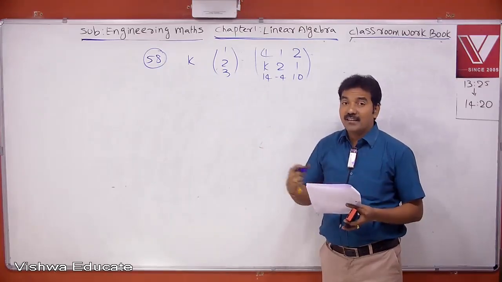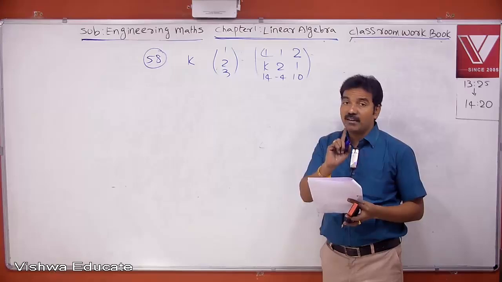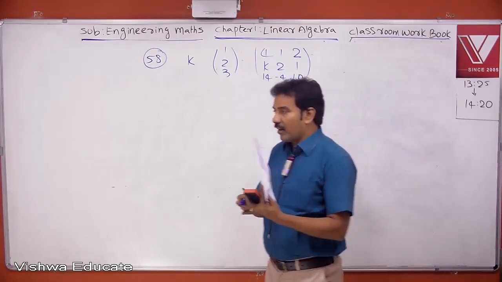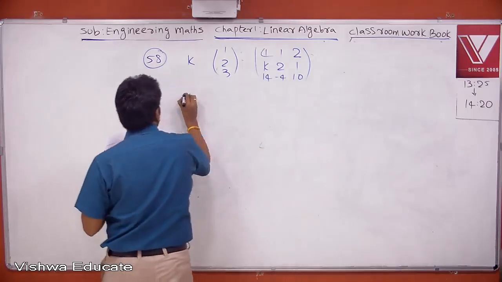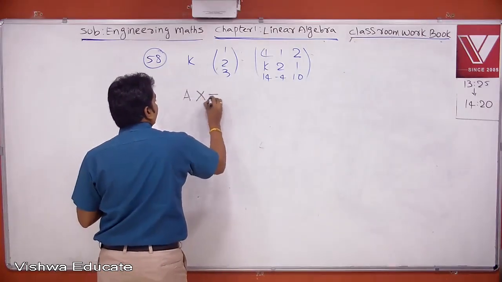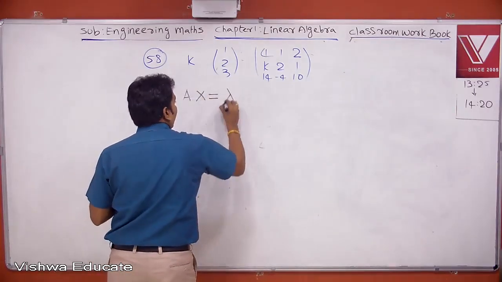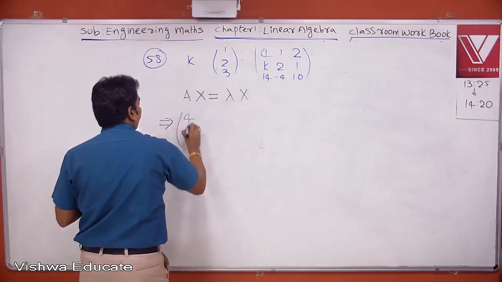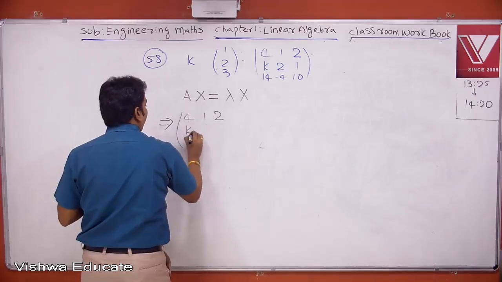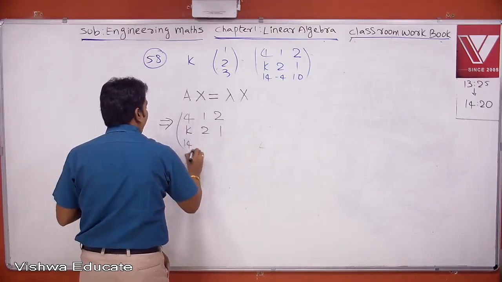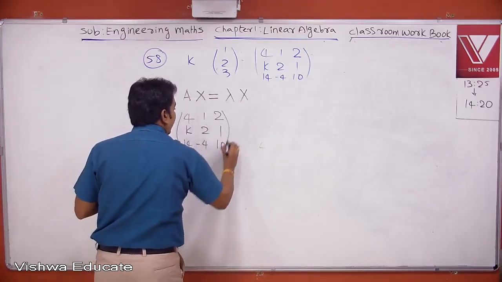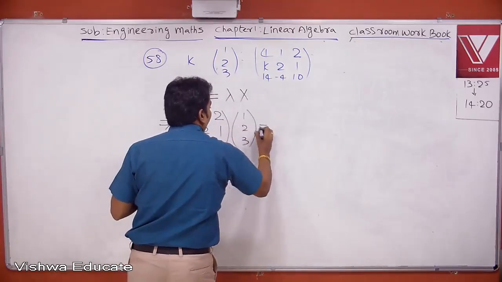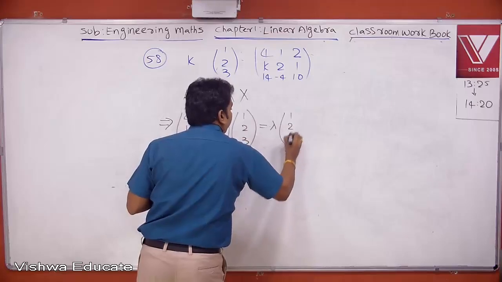So our responsibility in this problem is that we need to find lambda. Once you get lambda, then you will get the k value. Now let us write the definition of an eigenvector: A x equals lambda times x. This A is the matrix [4, 1, 2; k, 2, 1; 14, -4, 10] into this x, the eigenvector [1, 2, 3], equal to lambda into [1, 2, 3].